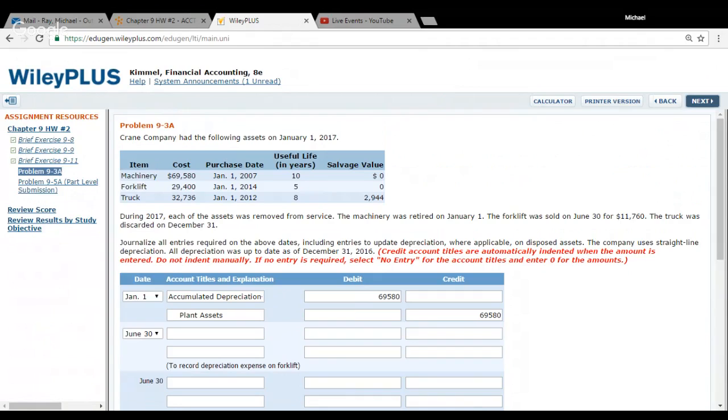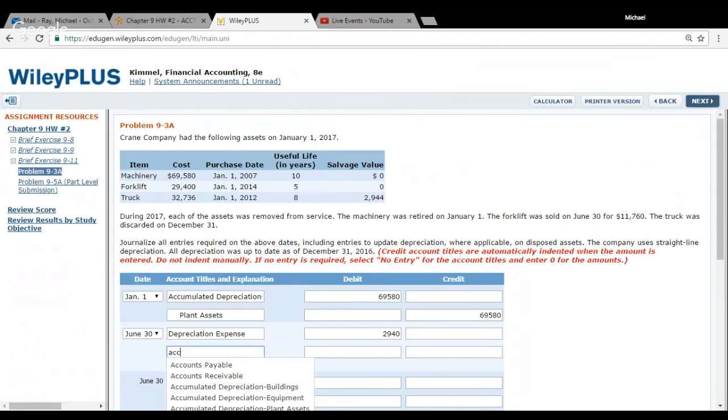I just multiplied 5,880 by 0.5, and that brings us to 2,940. So we'll plug that number in. We are going to debit the depreciation expense account for 2,940, because that's all the depreciation we've accumulated this year so far.